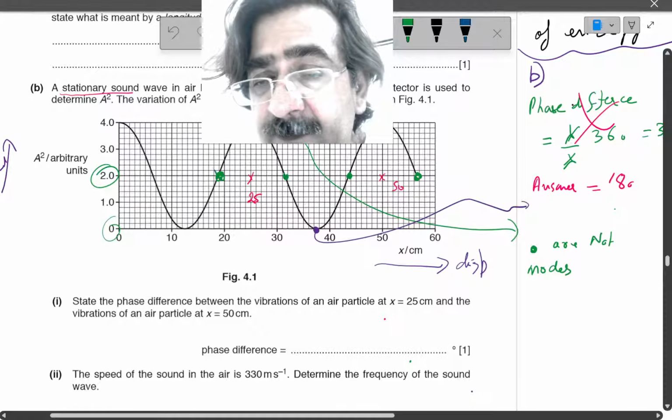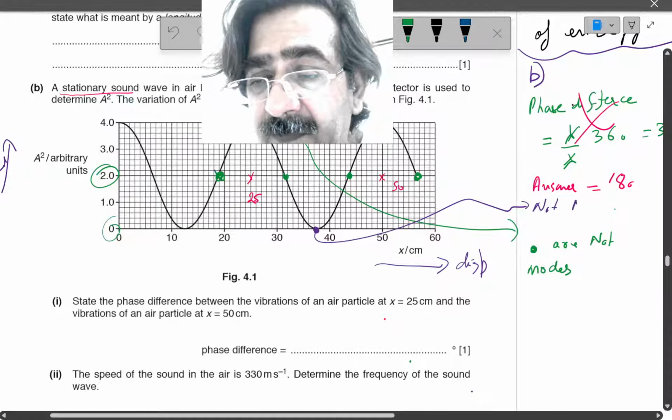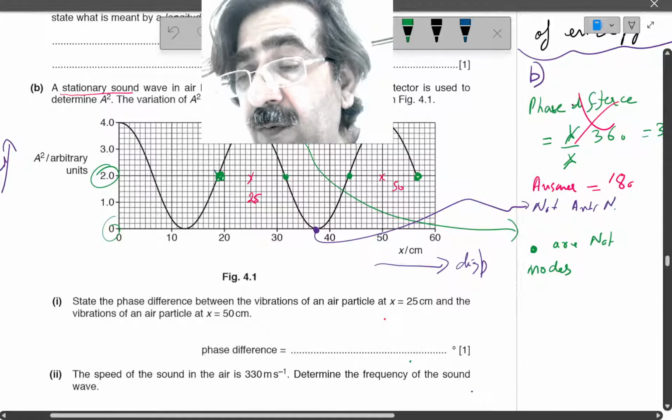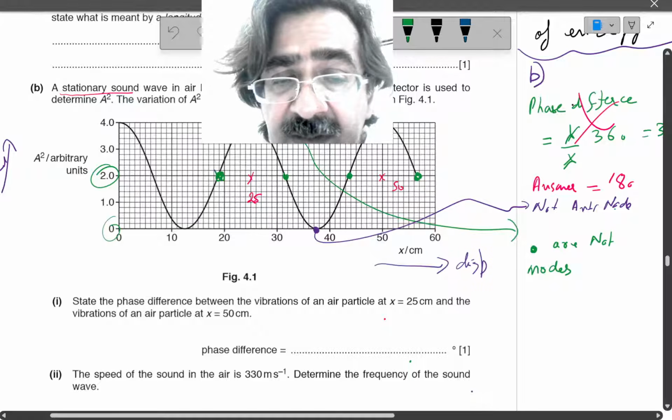This is not an antinode. That is not maximum because this is a node.